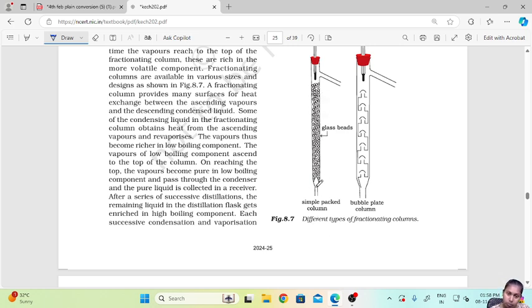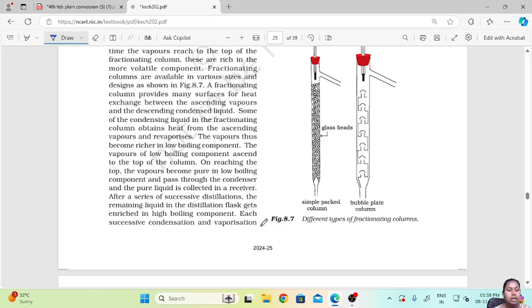Your low boiling point vapors will start going up and re-vaporize by the condensed liquid which is coming down through these beads, and then they will go higher and higher and be separated into the condenser and the separating funnel, and in the round bottom flask eventually your high boiling point solution will remain.